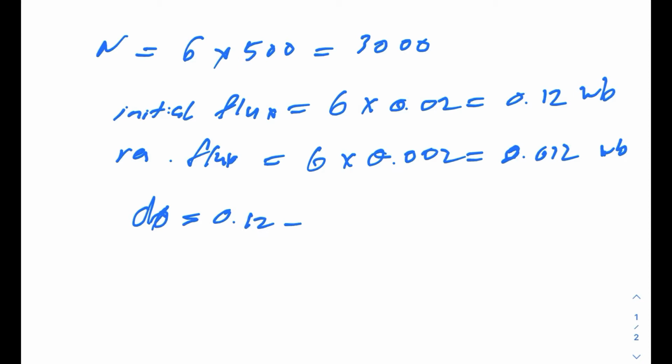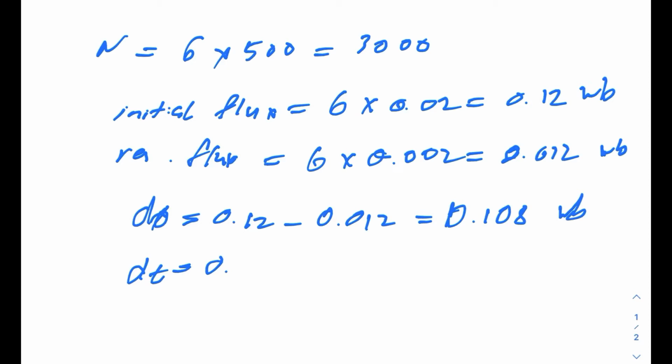So the change in the flux, d flux, is the difference between the initial and residual: 0.12 minus 0.012, the answer is 0.108 Weber. We also have dt, the time of opening the circuit, equal to 0.02 second.